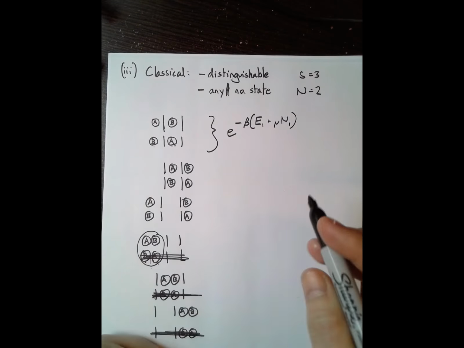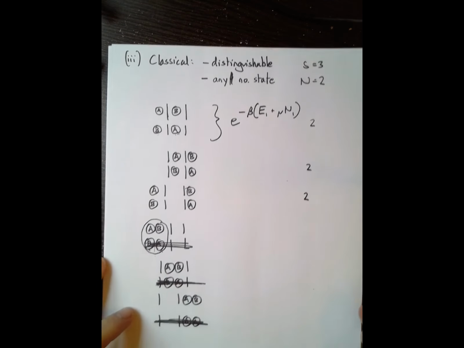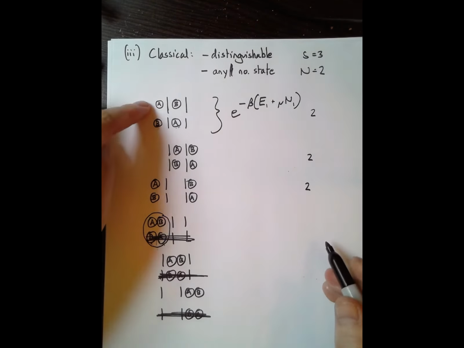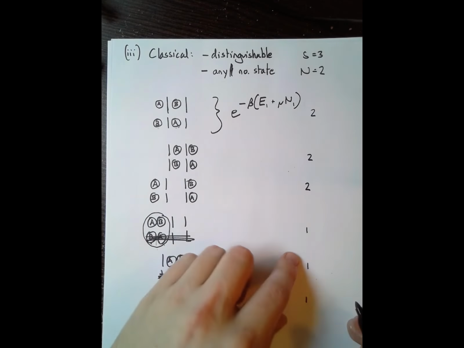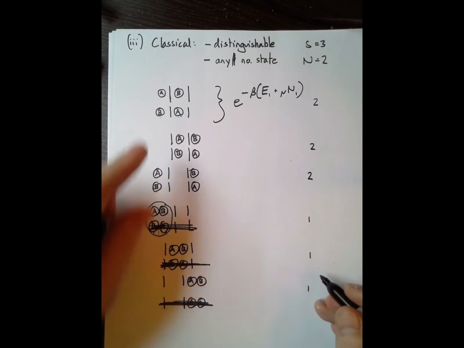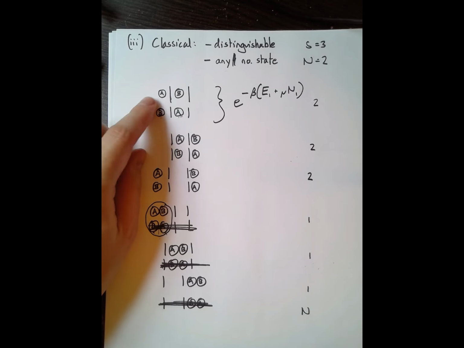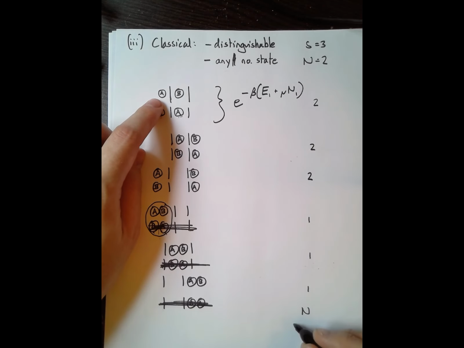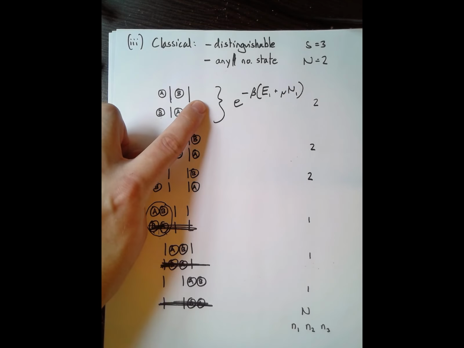Okay, so here I have a degeneracy of 2 per state, and here I have a degeneracy of 1 per state. How can I generalize this number? Well, this number is just the number of ways. I've got a total number of n particles, and I'm putting n1 of them in state 1, n2 of them in state 2, and n3 of them in state 3.